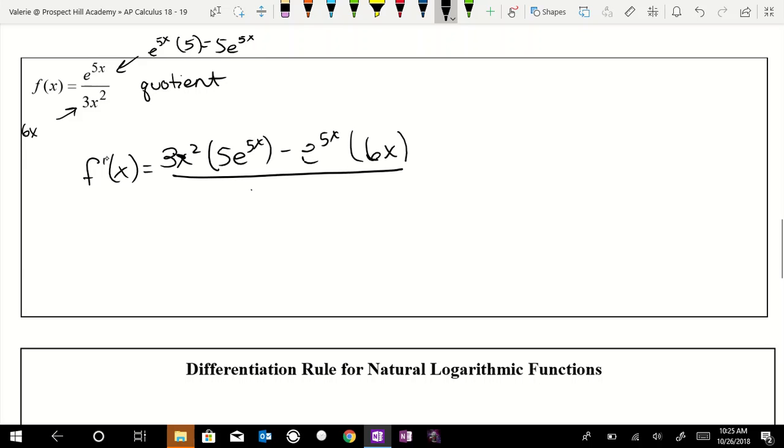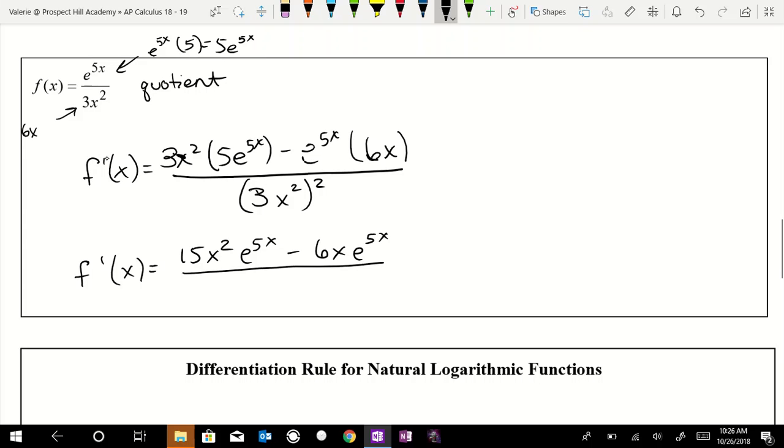So 3x squared, squared. When we simplify, we get 15x squared e to the 5x minus 6x e to the 5x all over 9x to the 4th.